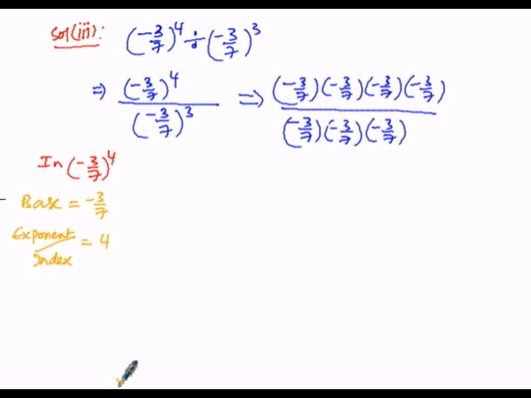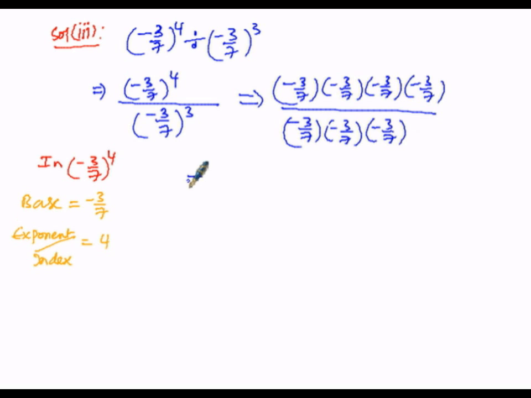Similarly, in the denominator the base will be minus 3 by 7 and the exponent will be 3. So minus 3 by 7 is repeated 4 number of times in the numerator, and minus 3 by 7 is repeatedly multiplied 3 number of times in the denominator.